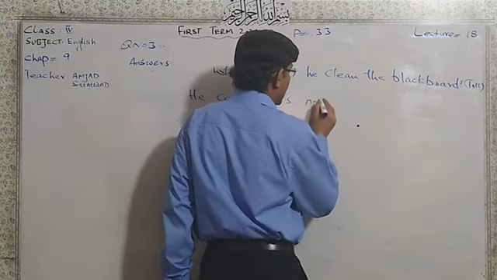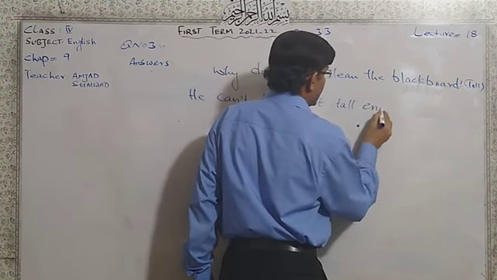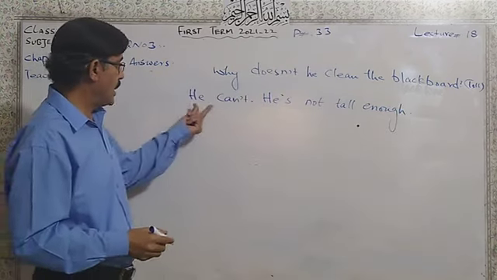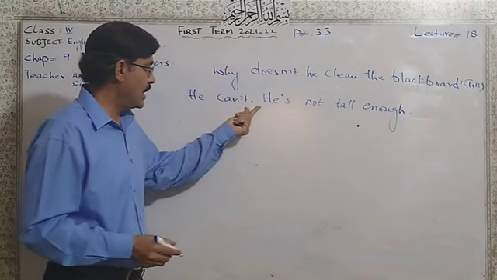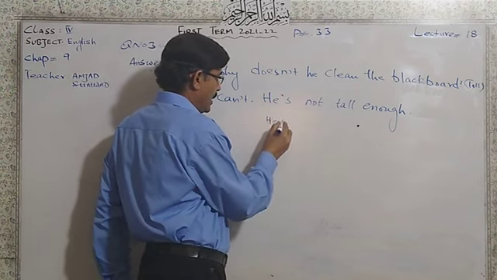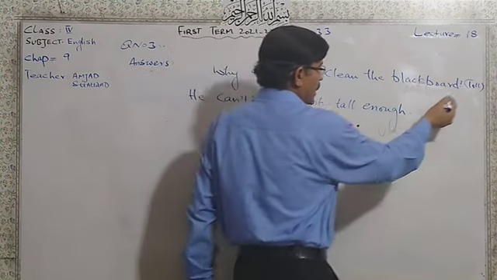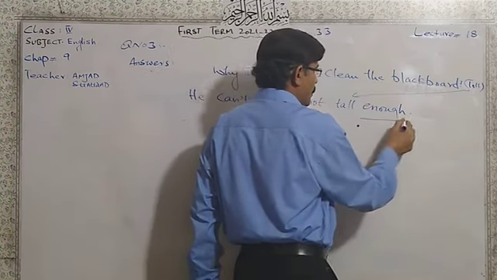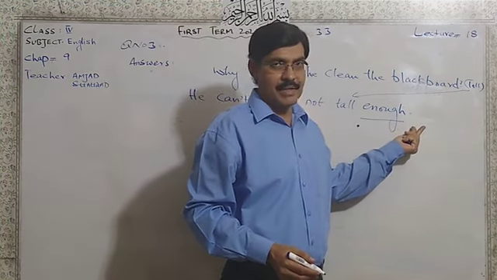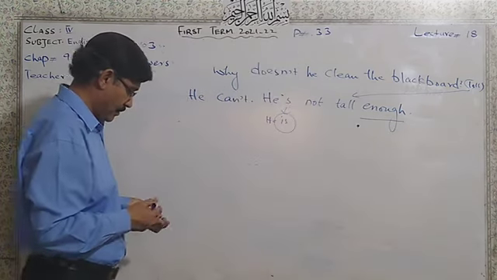He is not tall, here tall, and then use this one, enough. And don't write the question mark, put a full stop at the end. I hope you understood this one.